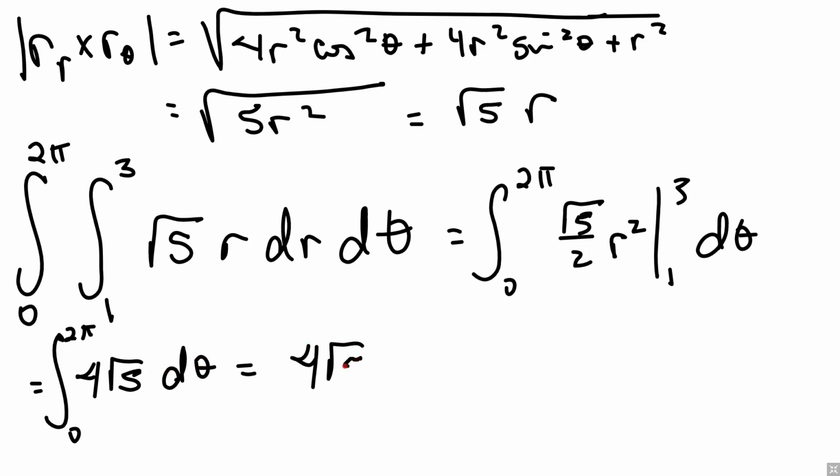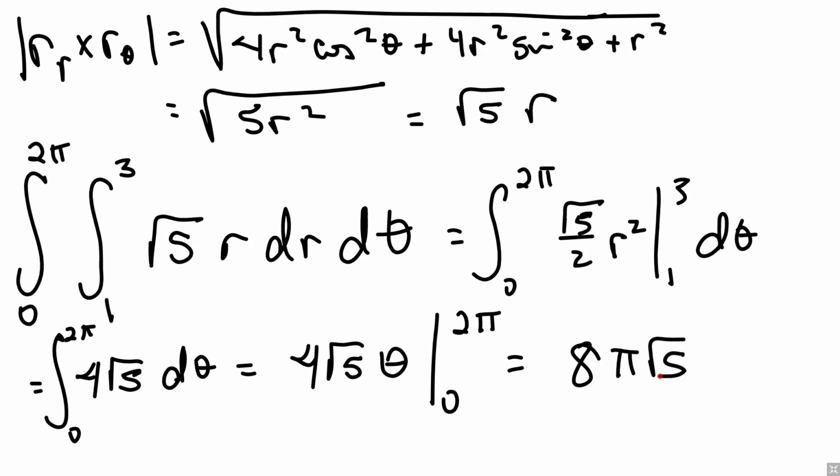So we get 4 square root of 5 theta, evaluated from 0 to 2 pi. So we should get 8 pi square root of 5 for our answer. Any questions? No problem.